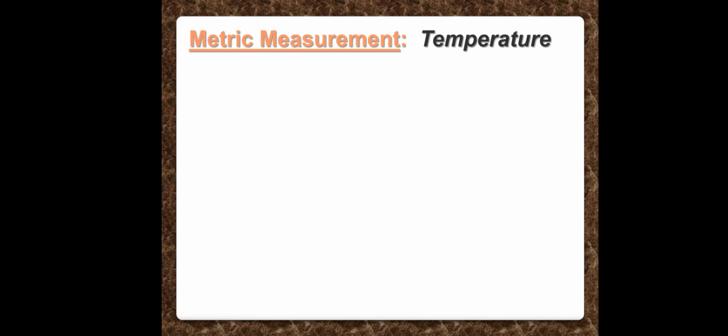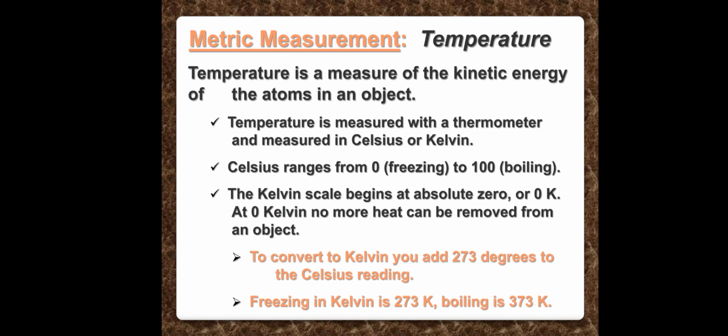Metric measurement. Temperature. Temperature is a measure of the kinetic energy of the atoms in an object. Temperature is measured with a thermometer and measured in Kelvin or Celsius. Celsius ranges from 0 freezing to 100 boiling.